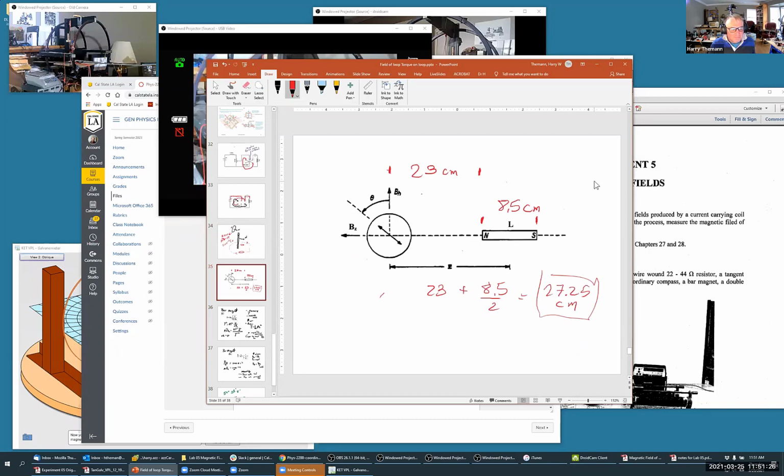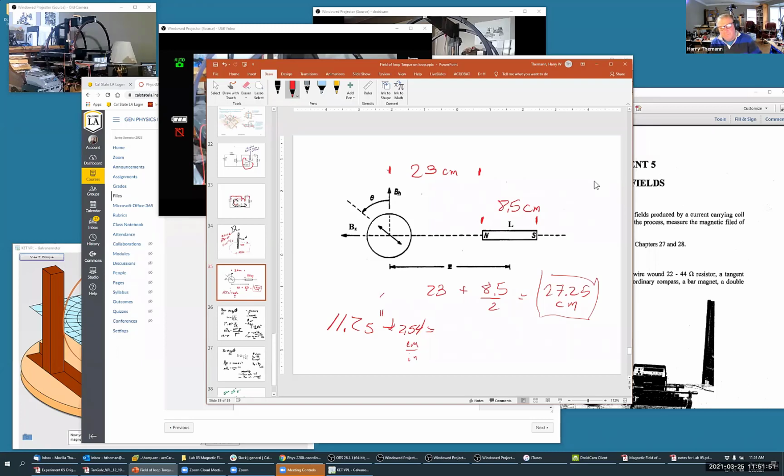And I just measured it a little while ago. Let's see. My bar magnet, I got 11.25 inches times 2.54 centimeters per inch.